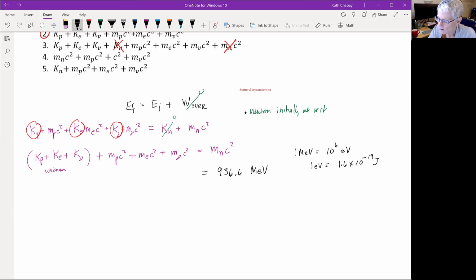The proton rest energy is actually a little bit less than that of the neutron, 938.3 MeV.